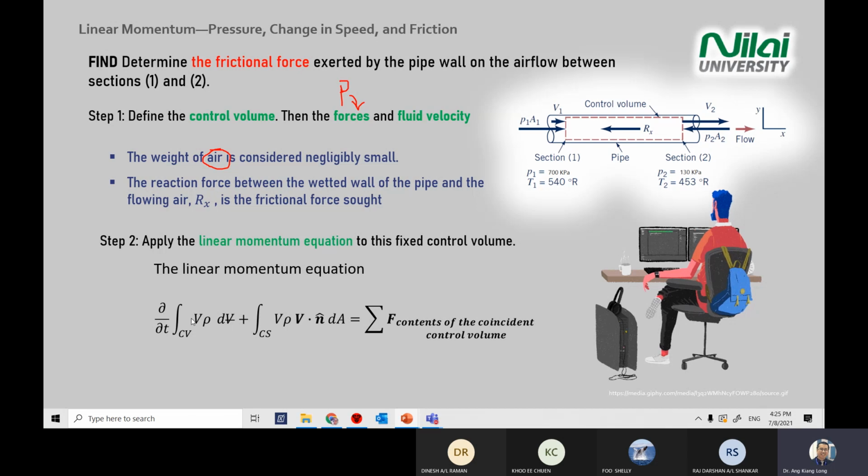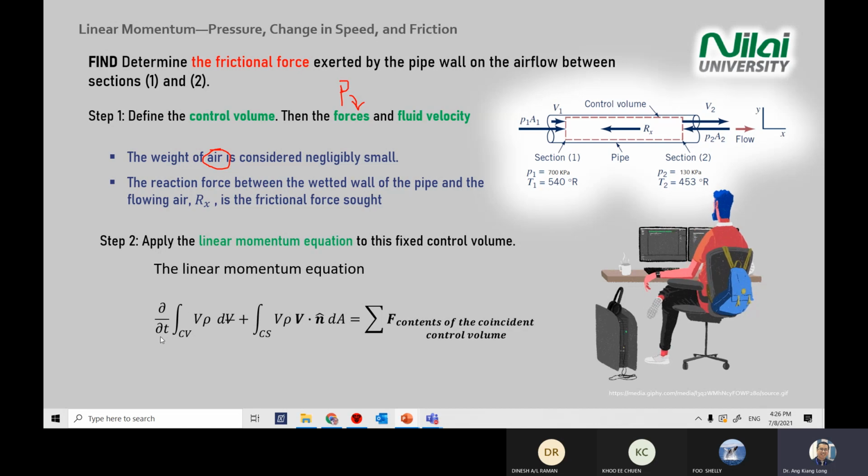Be careful when you write, don't confuse it with the continuity equation. This is the linear momentum equation, where you have a volume here, the velocity here, and also the velocity here, V dot n hat. So when you write, please write carefully in your answer.